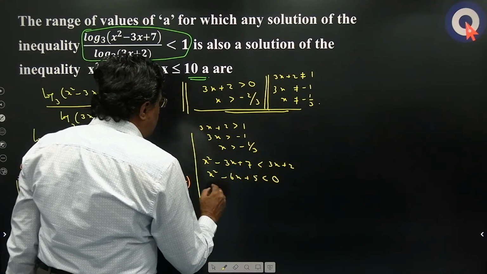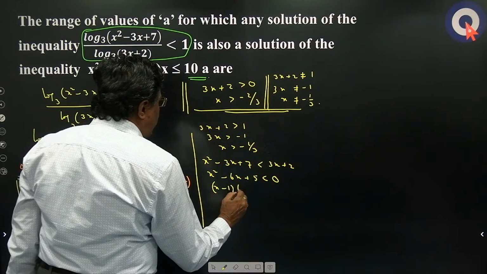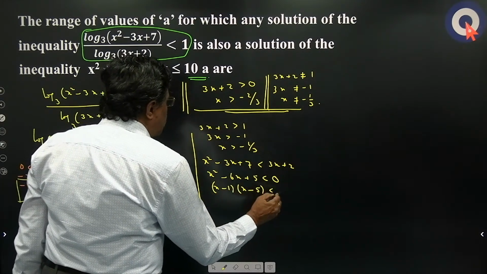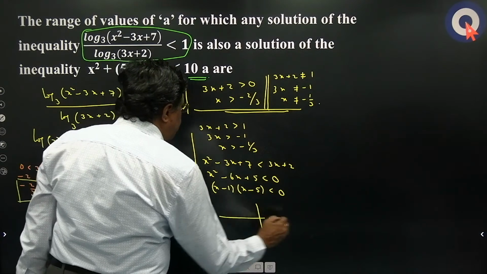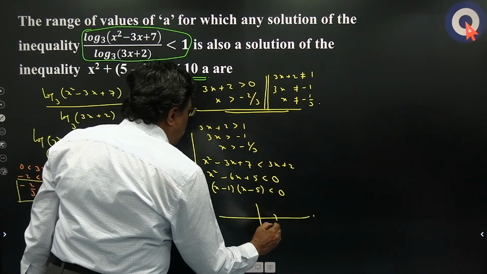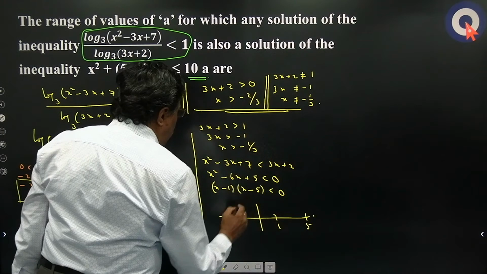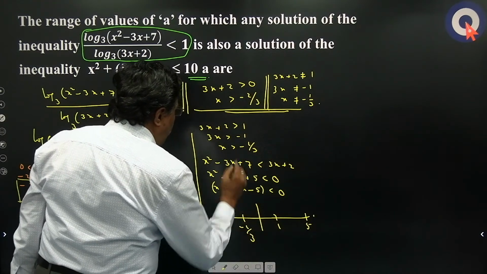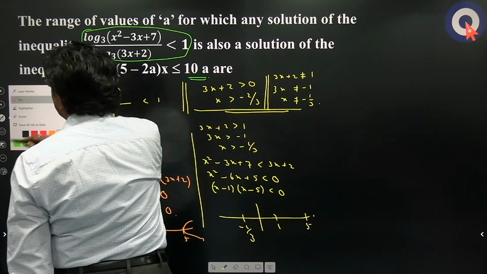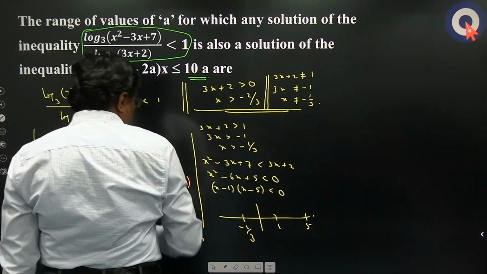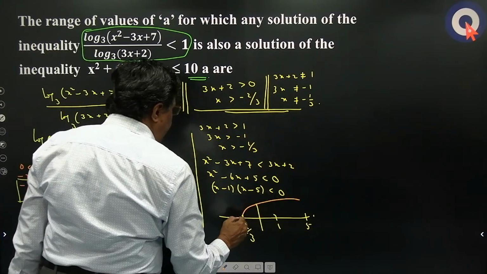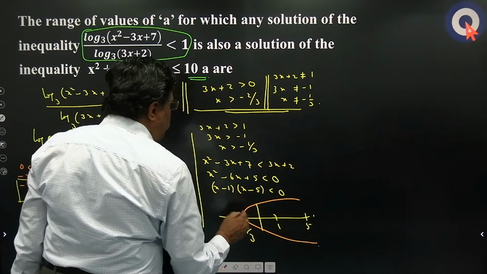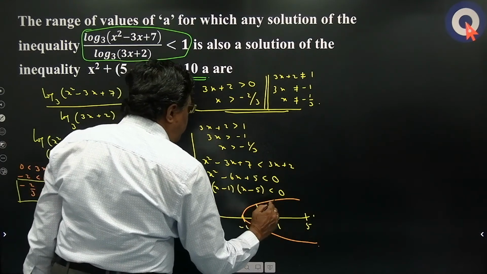So in that case, I get (x minus 1) into (x minus 5) less than 0. So our condition is that x is greater than minus 1 by 3, and here you are saying that it should lie between 1 and 5.